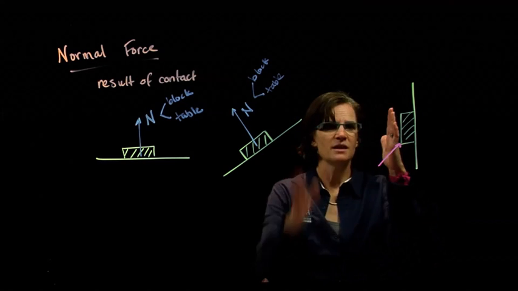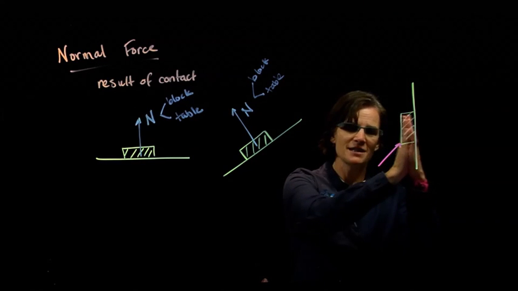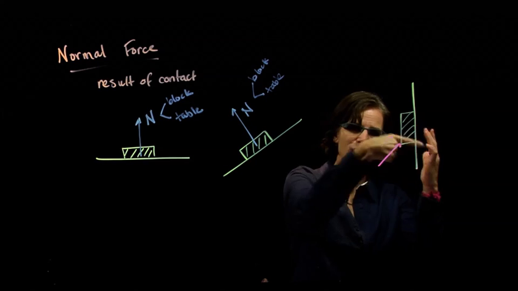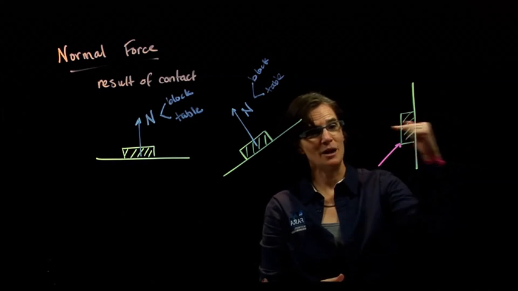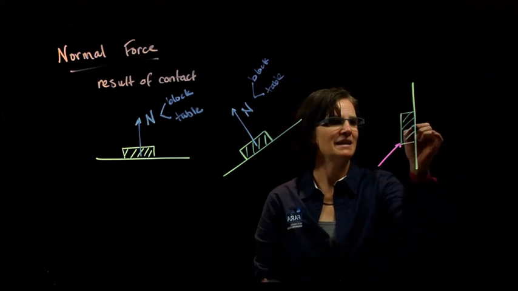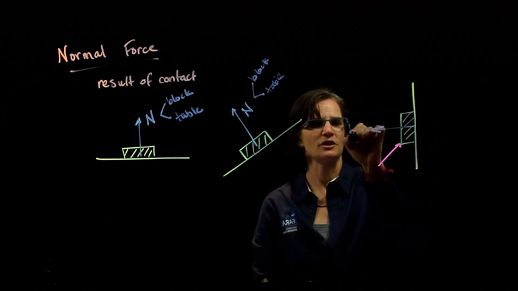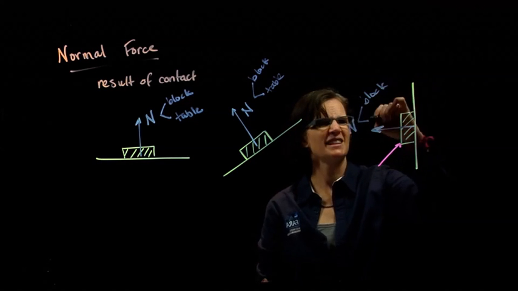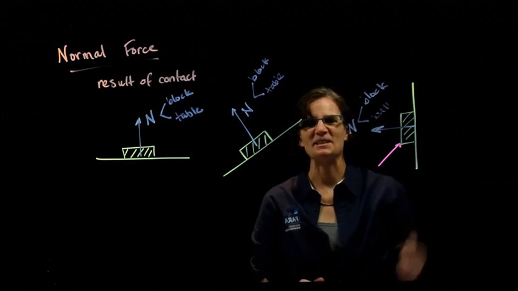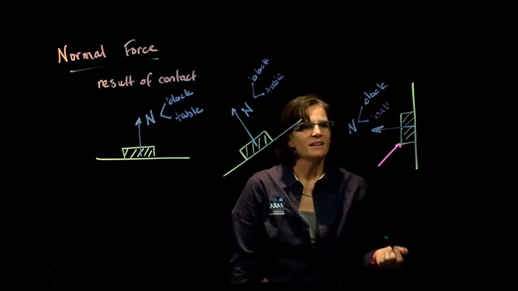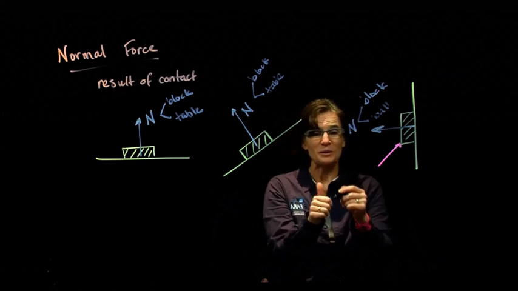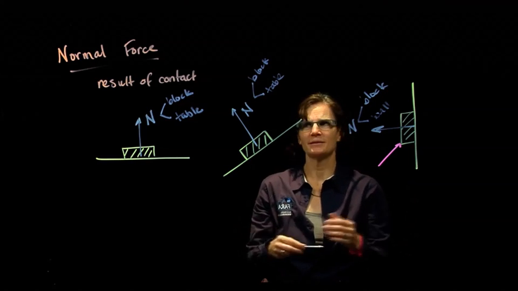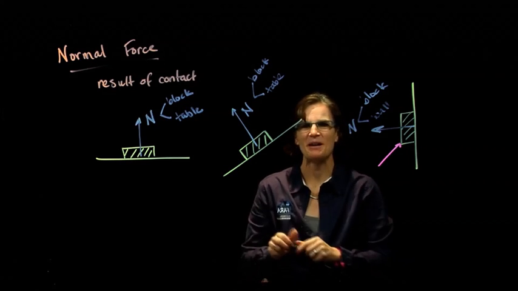Well, the block of wood is pushing in contact with the molecules in that direction, so the molecules of that wall are pushing back in this direction. Again, between the block and the surface, and we tend to think of a surface like this more like a wall.